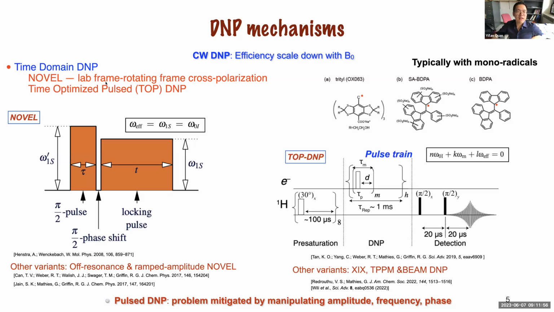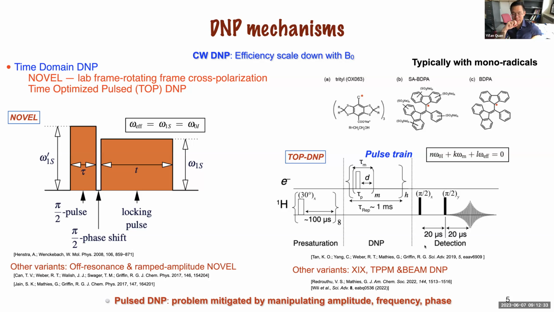The second family is the so-called time-optimized pulsed DNP. Instead of using long pulses, we use a train of pulses. When you match the modulation frequency of the pulse and the effective field of the pulse to the nuclear Larmor frequency, you have the polarization transfer. For this, there have also been a couple of other variants developed in the last couple of years, very recently, such as XX, TPPM, and BEAM DNP.